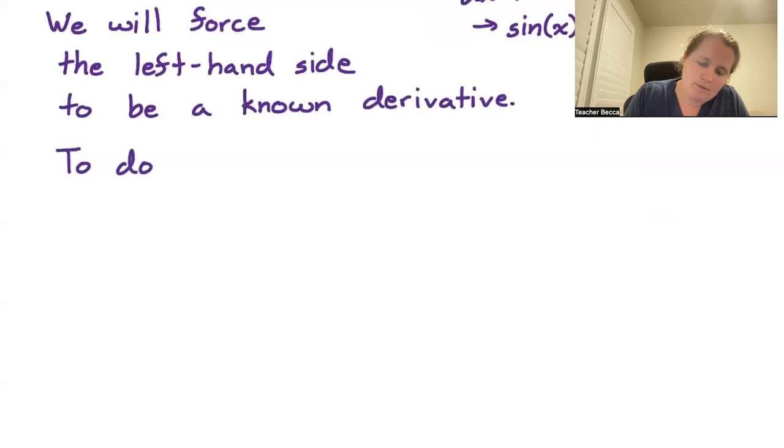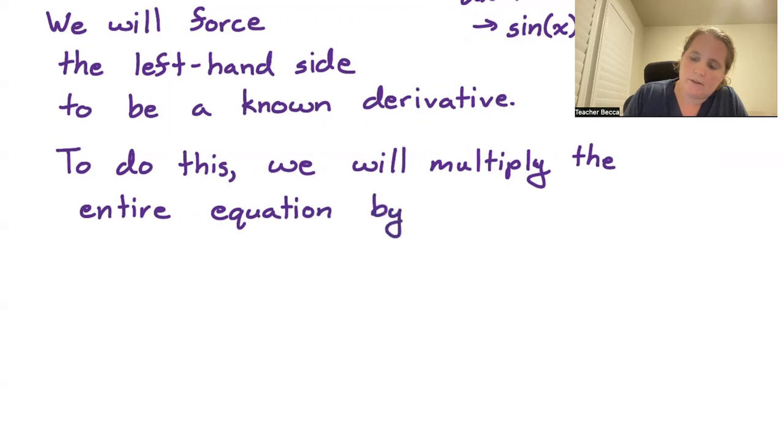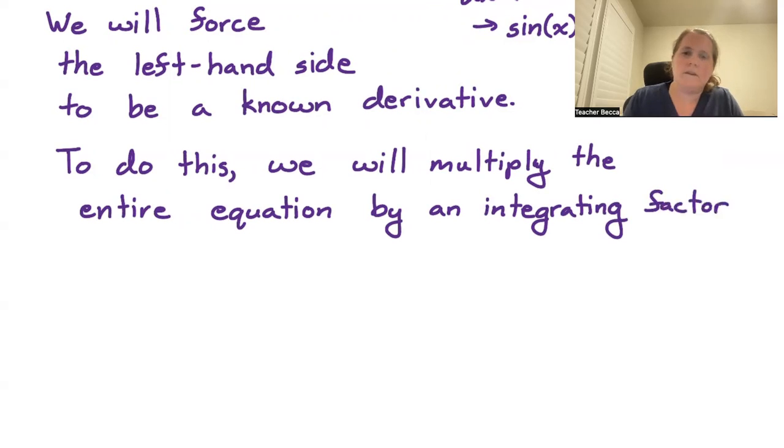So to do this, we will multiply the entire equation by an integrating factor, which we will typically call mu of x.